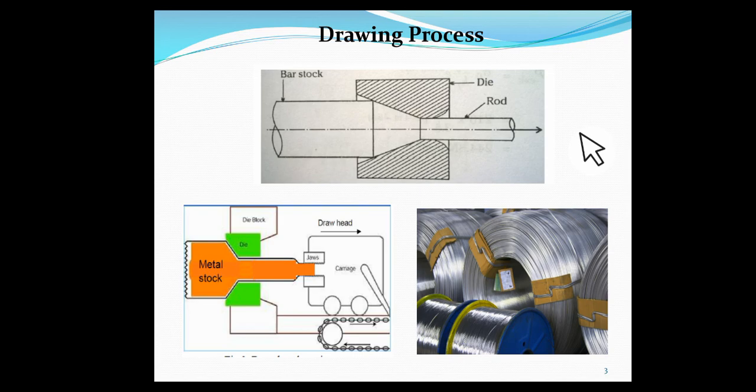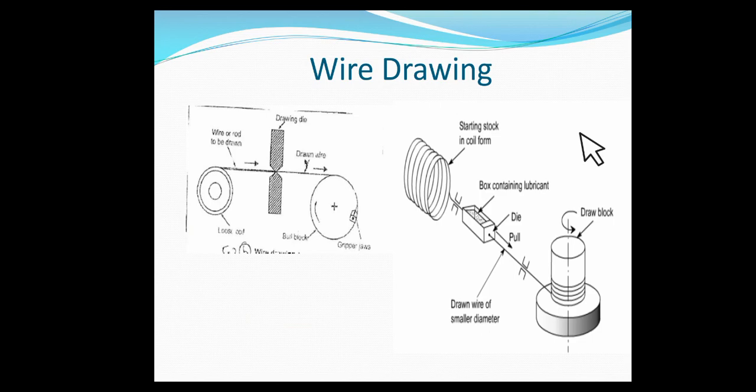So this one, the entire portion, we call the rod drawing process. Now you are seeing the wire drawing process, where we use bull block equipment, or draw block equipment, for the wire drawing process. This one is the front view of the wire drawing process.